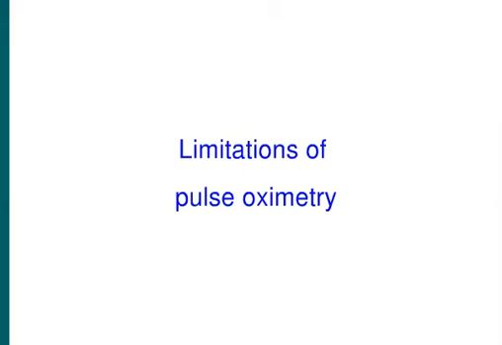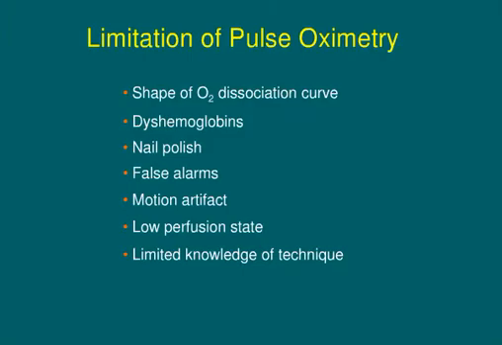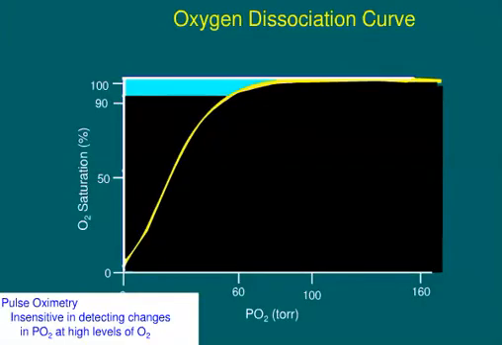Despite its popularity, the pulse oximeter has several limitations. This slide just lists some of them. Now, what the pulse ox is measuring is saturation. And saturation is physiologically related to oxygenation, or the PaO2, by the oxygen dissociation curve. The problem with pulse ox is that it's insensitive in detecting changes in PO2 at high levels of oxygen because of the sigmoid shape.